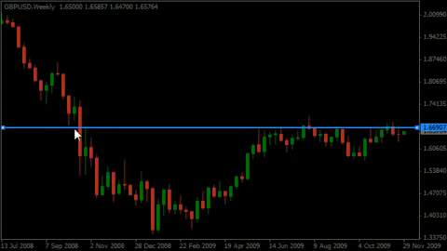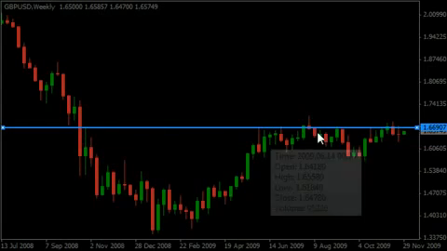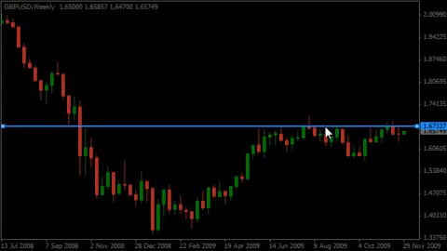This is what we call long-term support and resistance. This is on the weekly chart, so each bar is 1 week. As you can see, there was support and resistance back here, and it's become resistance all the way along here over the past few weeks. So we're going to put that line in.